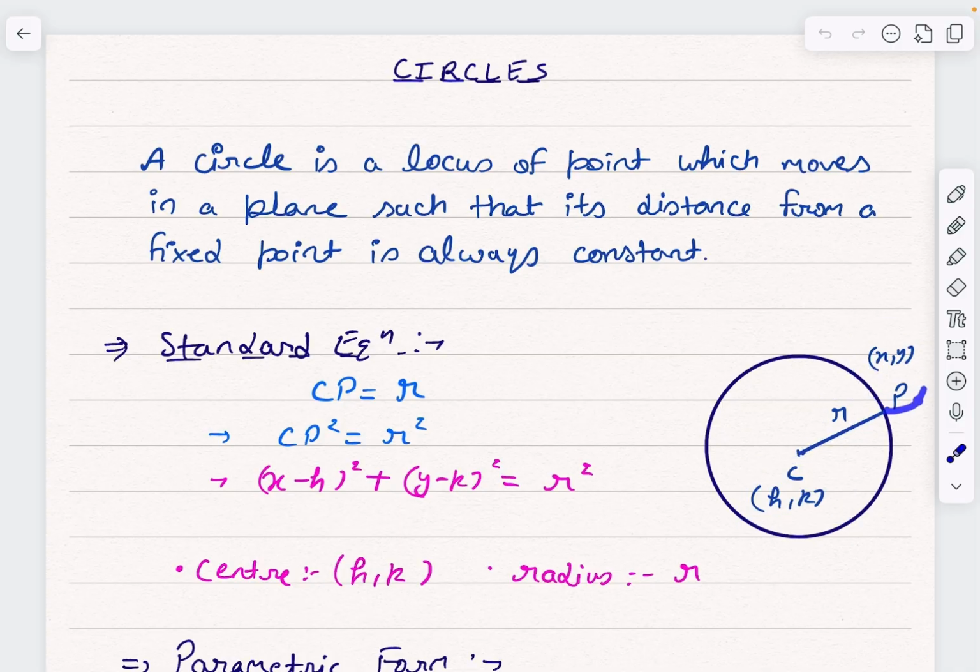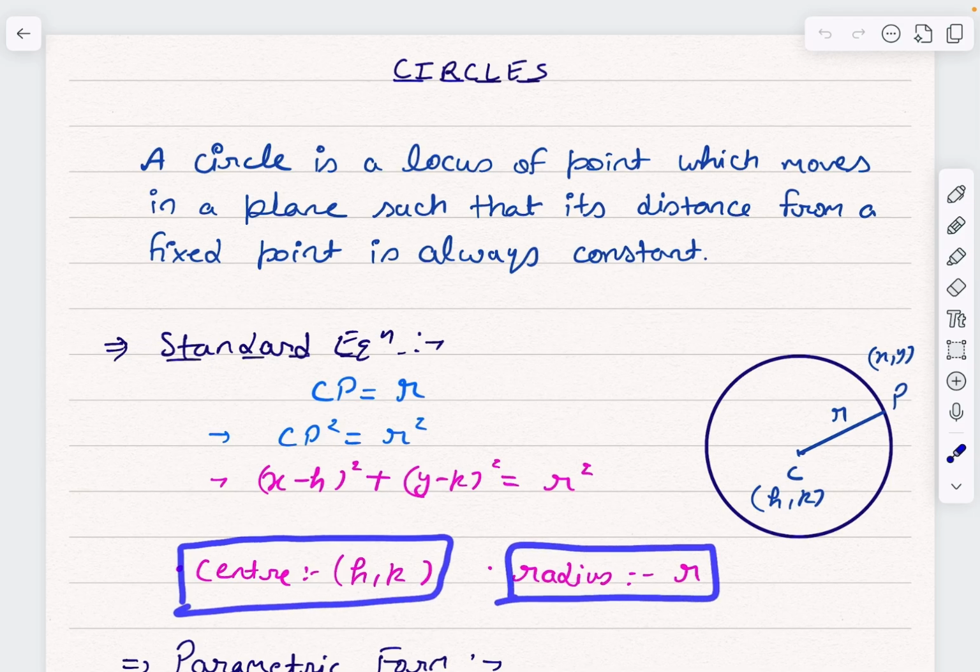If P is variable, it should always satisfy the condition that CP should always be r. So P can move, but it should always be bounded by this condition that the distance from C should always be r. So CP square should be r square: x minus h whole square plus y minus k whole square is equal to r square. So h comma k will be the center and r will be the radius of the circle.